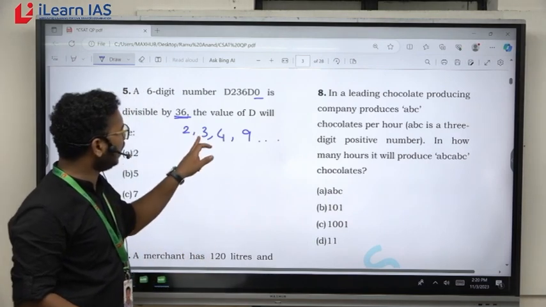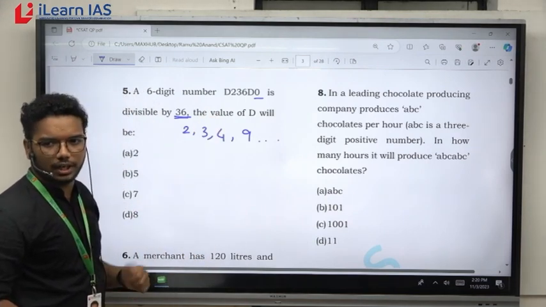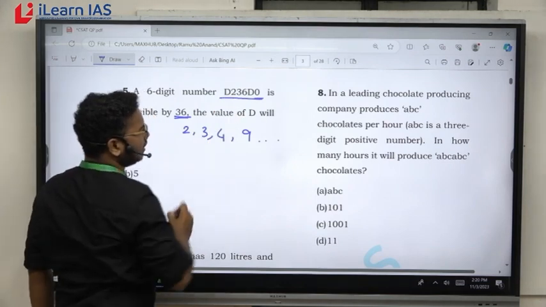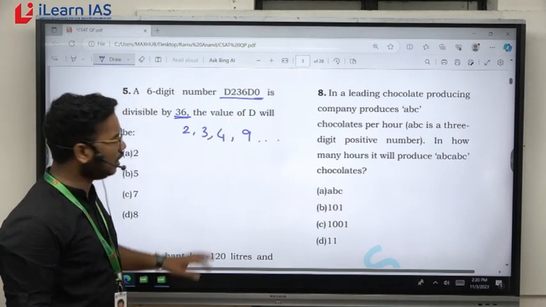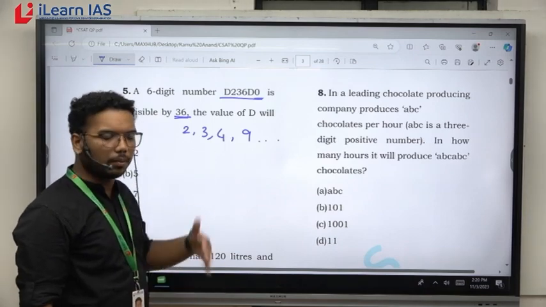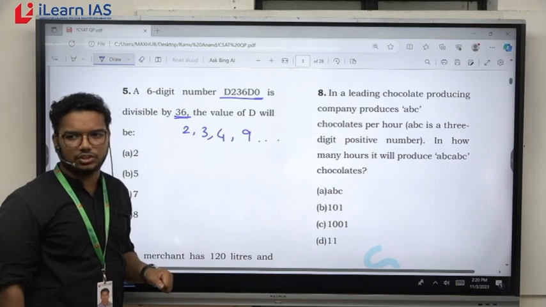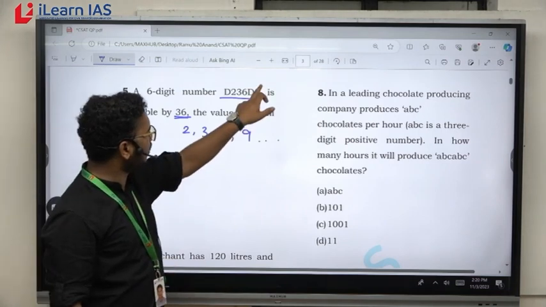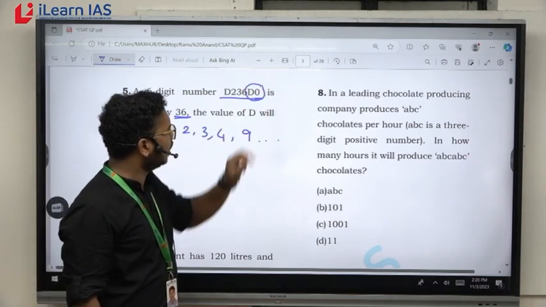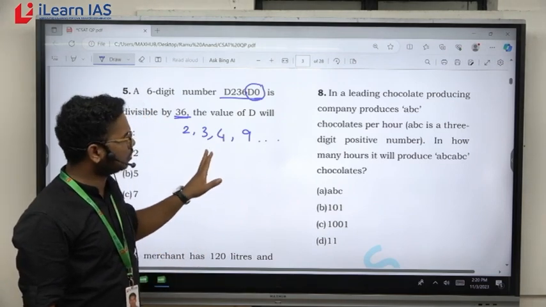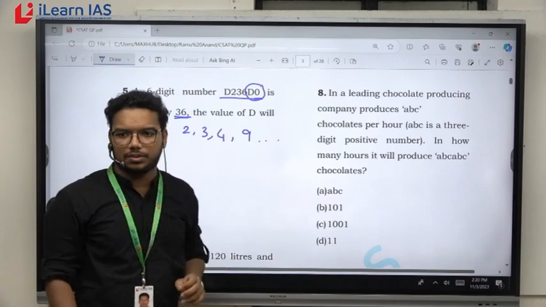Now, to check whether it is divisible by 3, what should we do? We take the sum of the digits, and that must be a multiple of 3. To check divisibility by 4, we need to check the last 2 digits, which must be divisible by 4.